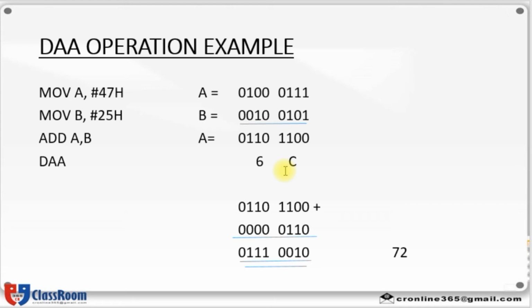After addition, you can see 0111 meaning 7 and 0010 meaning 2. This 72 is a BCD number, since the digits range between 0 and 9. So in order to make the result a BCD number, we use the instruction decimal adjust accumulator.